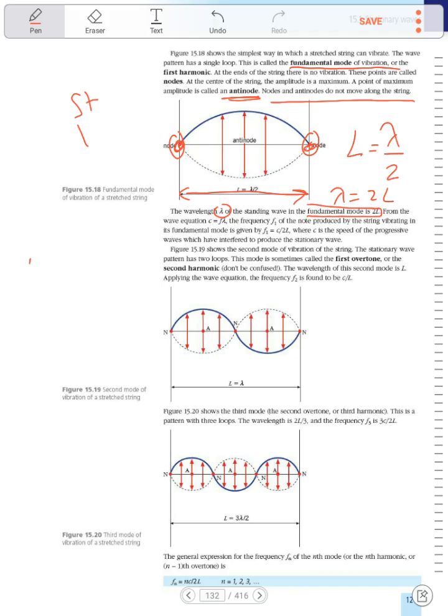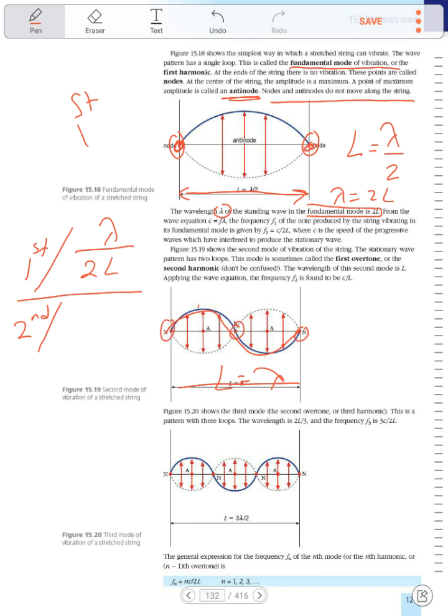This is the first harmonic, or fundamental mode. What about the second harmonic? You can see that the length equals the wavelength because we have 3 nodes and 2 antinodes. So here the wavelength equals L. This is the second harmonic.